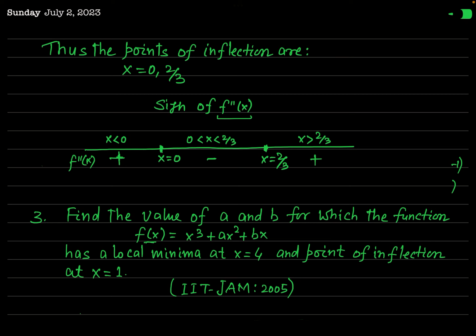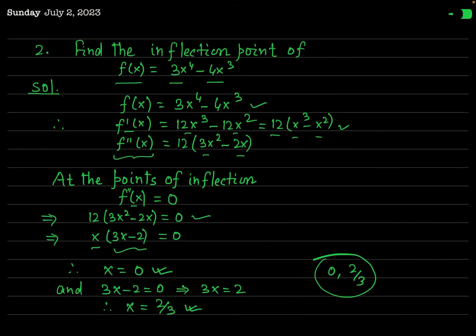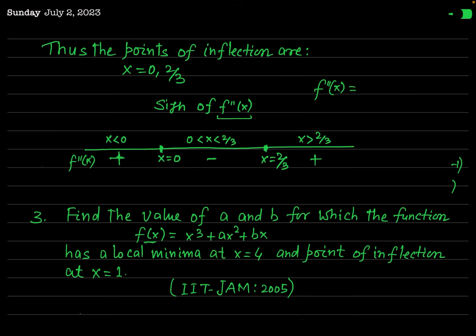And f double dash of x, you can see here, I have obtained here. This is 12 times (3x square minus 2x). Okay.